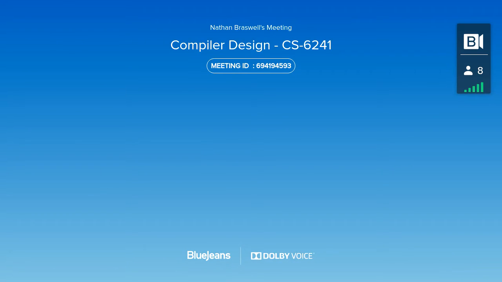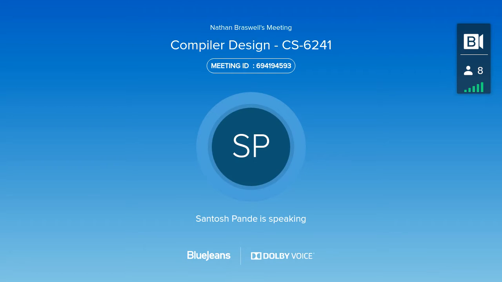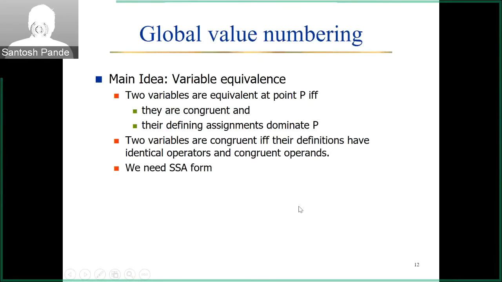Okay, so we'll switch back. So again, these are the two conditions. Congruent means they must carry the equal value, and their use must be in the dominated region, the place where we are trying to substitute one by the other and so on. Therefore, these two conditions must be satisfied for doing any transformation.